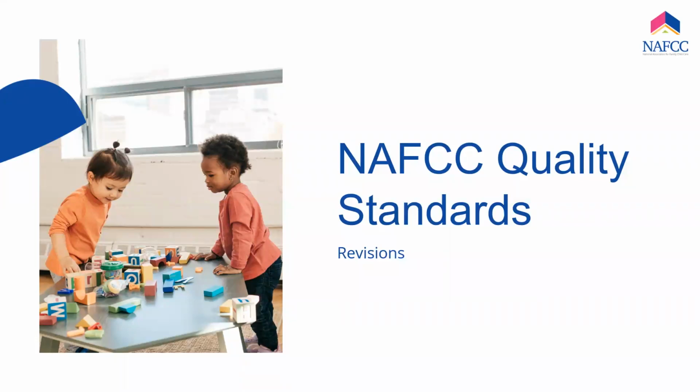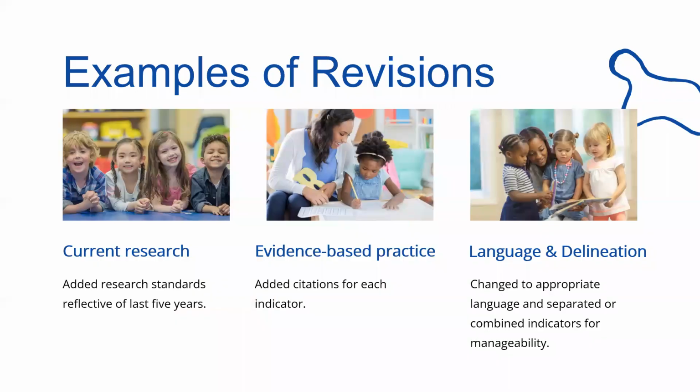So what do the revisions include? Let's take a look. While we do not have time to preview every standard that is being revised, we can provide you information about what the revisions include and give some examples of each. The revisions largely fit into 3 buckets. Number 1, standards were revised based on recent research.